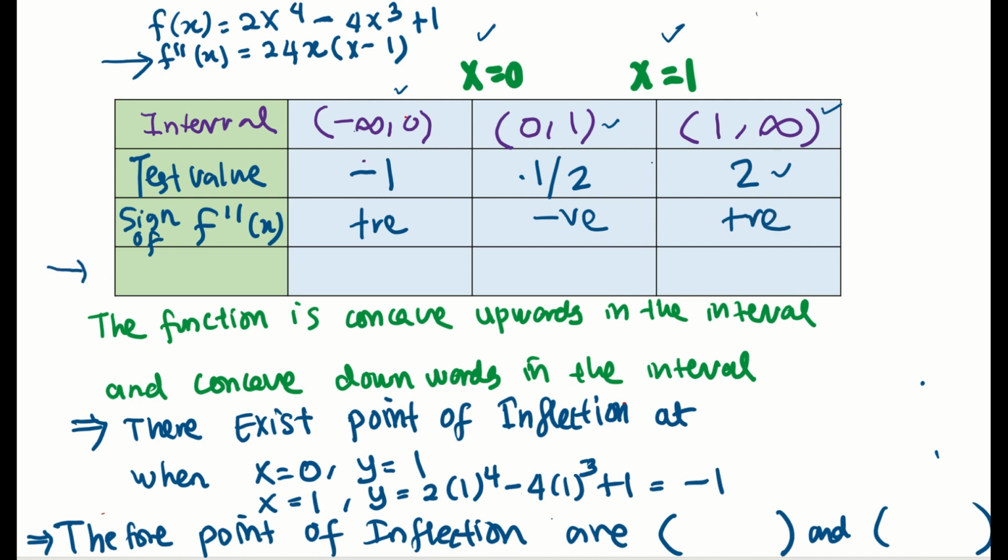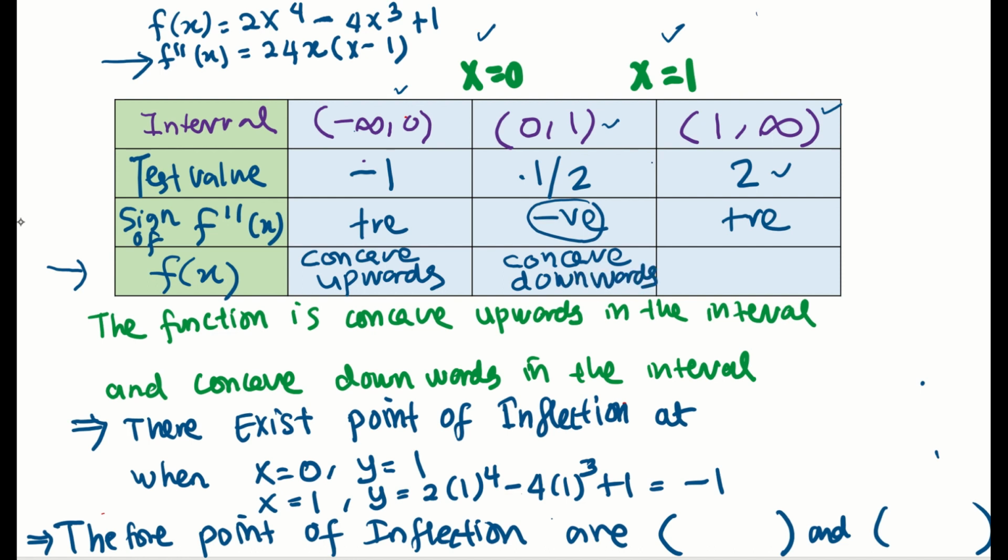So what is the conclusion for f(x)? When f double prime is positive, f(x) is concave upward. When f double prime changes to negative, f(x) is concave downward. And this one is concave upward.